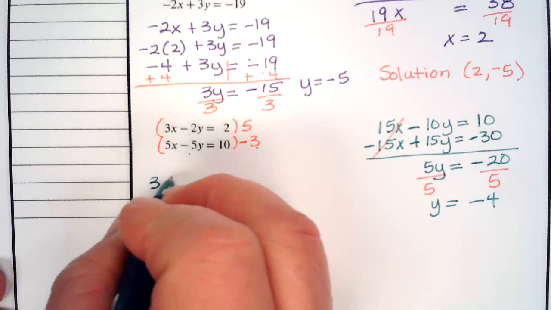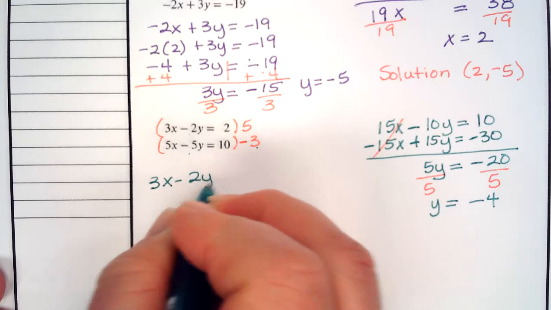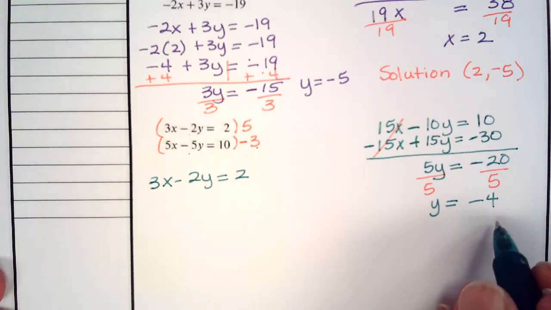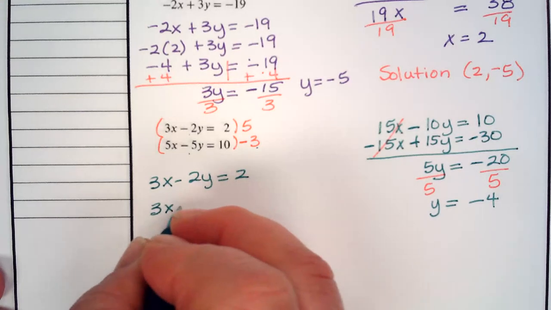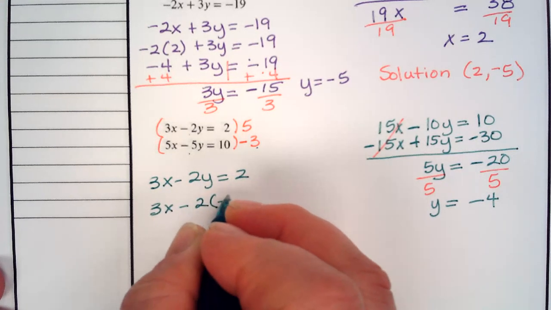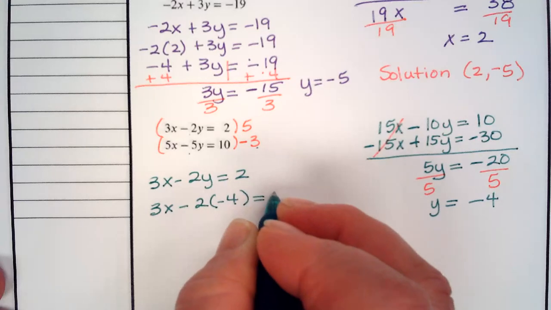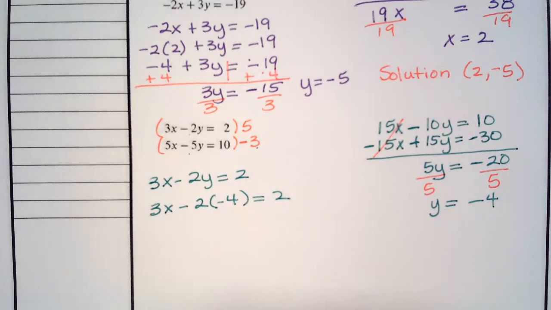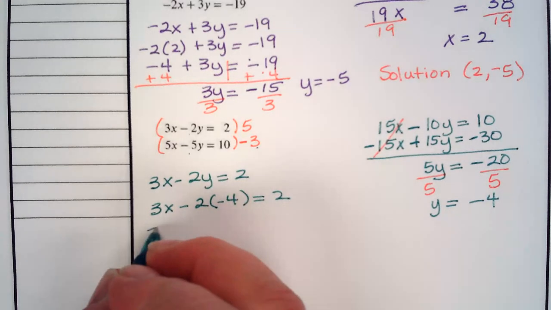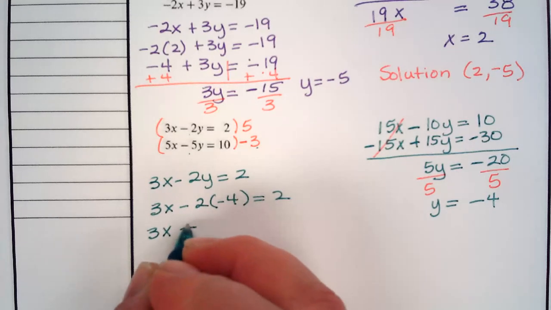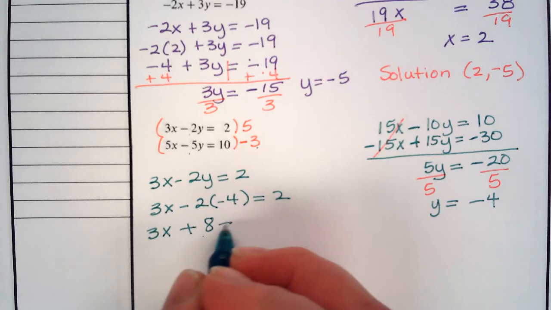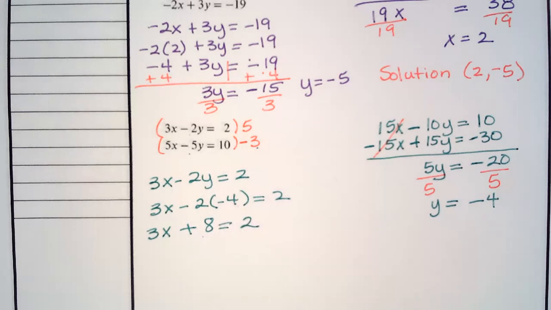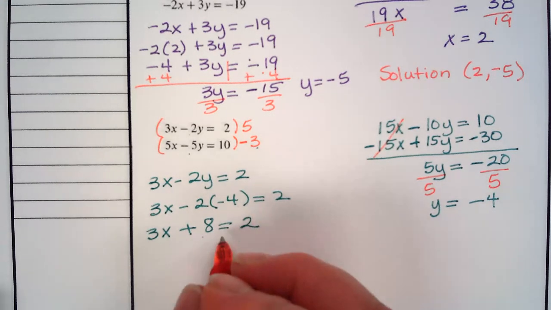We've got 3x minus 2y is equal to 2, but we know y is -4. 3x minus 2 times -4 is equal to 2. 3x plus 8, -2 times -4 is 8, is equal to 2. Now I'm ready to solve.